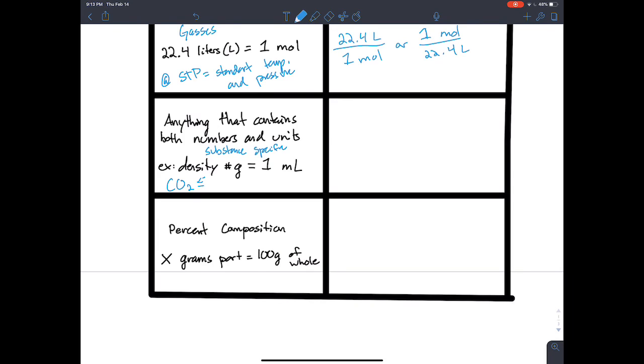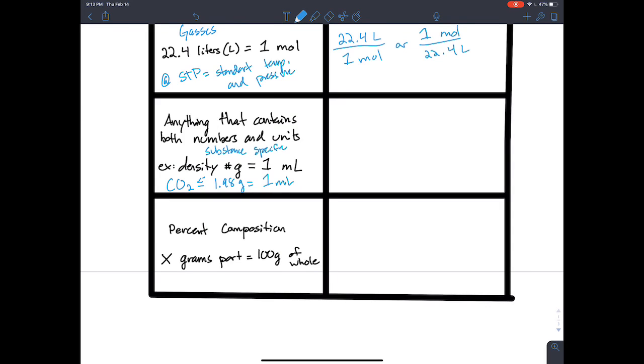If that is 1.98 grams, that equals 1 milliliter. That's its density conversion. Okay, so water is real simple. Water is 1. That's what this is all based on. 1 gram of water is equal to 1 milliliter of water. But for something like CO2, for example, 1.98 grams equals 1 milliliter.